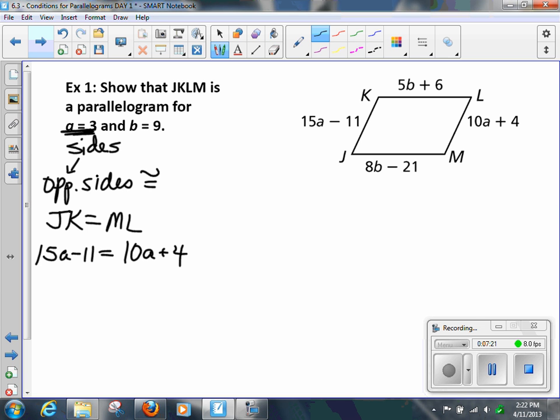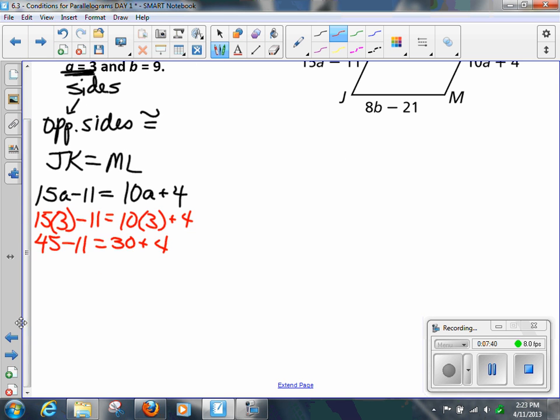Put it in place of A. I'm going to substitute. 15 times 3 minus 11 equals 10 times 3 plus 4. 15 times 3 is 45 minus 11. 10 times 3 is 30. What's 45 minus 11? 34. What's 30 plus 4? 34. So, is my A value correct? A is correct. Okay, A does equal 3.